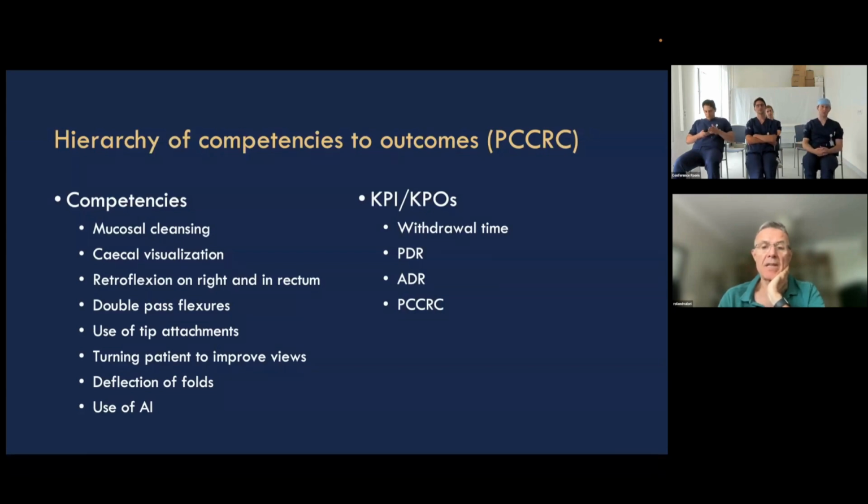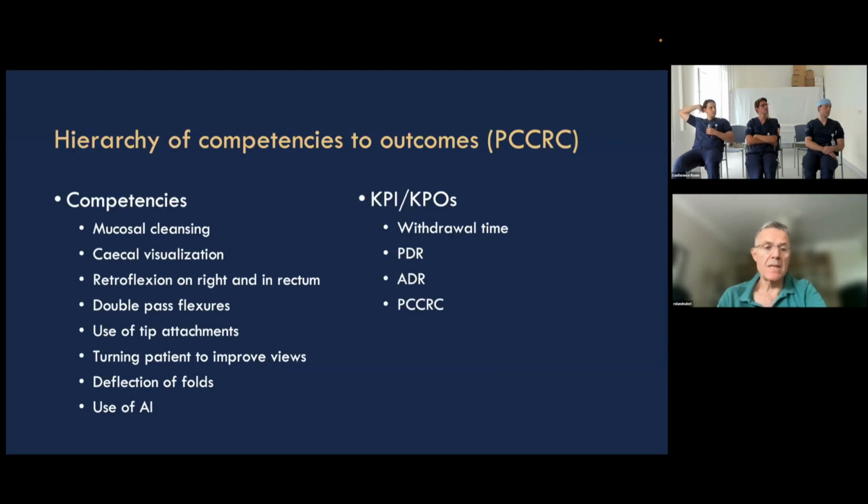And we have various KPIs which tell us whether post-colonoscopy colorectal cancer is more or less likely. So we know that withdrawal time is a proxy indicator for adenoma detection rate, as is polyp detection rate. But adenoma detection rate is a proxy for post-colonoscopy colorectal cancer rate, which is the important patient outcome.